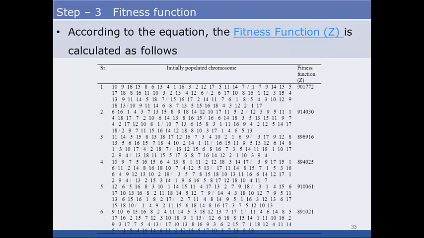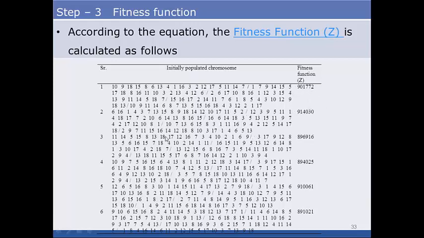Take the example of this randomly generated chromosome, where the objective function's answer was this. This answer is not rupees, not distance, it is a combination of distance and number. Its unit is not important, but this value is important, and this value should be minimum. This is our aim.